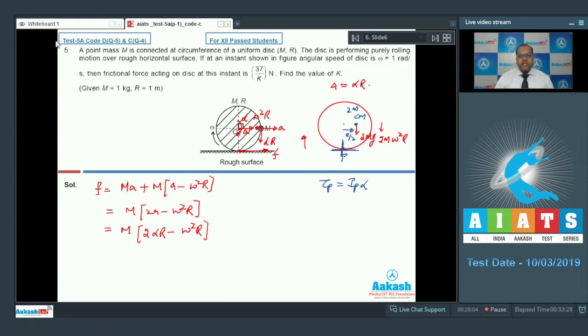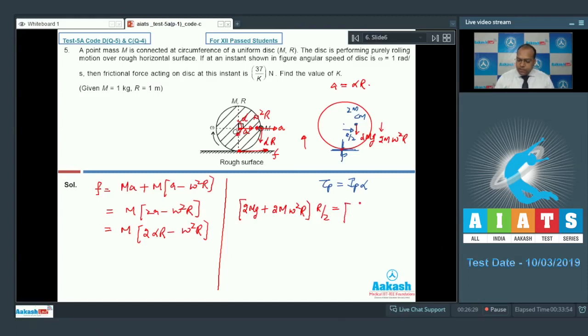So the torque of these forces about point P can be written as follows: the torque due to normal reaction and friction is 0. So 2mg plus 2m into omega square r, and the point of application of this force is at a distance of r by 2 perpendicular separation, equal to the moment of inertia of this combined system about point P.